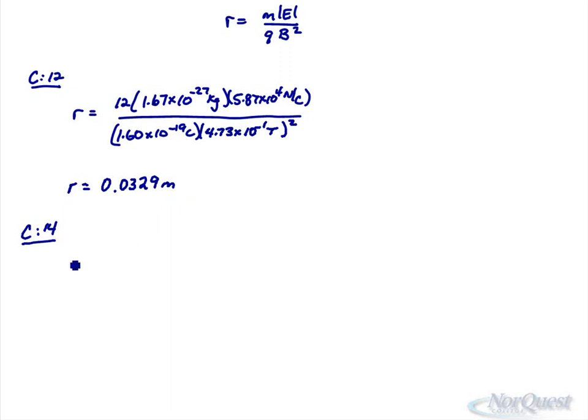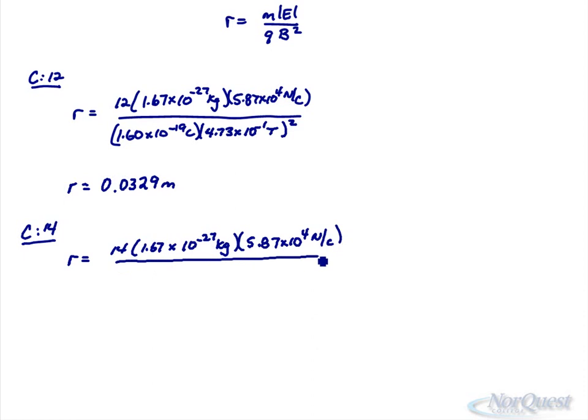Let's do the radius for carbon 14. It's going to be the same numbers except for the first one. 14 times 1.67 times 10 to the negative 27 times 5.87 times 10 to the 4 divided by 1.60 times 10 to the negative 19 coulombs times B squared, 4.73 times 10 to the negative 1 Tesla squared.